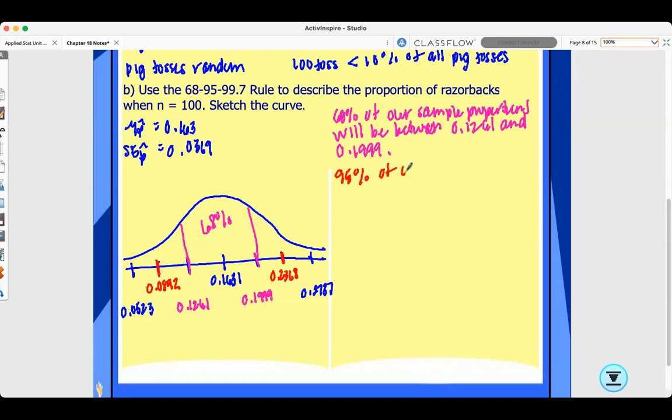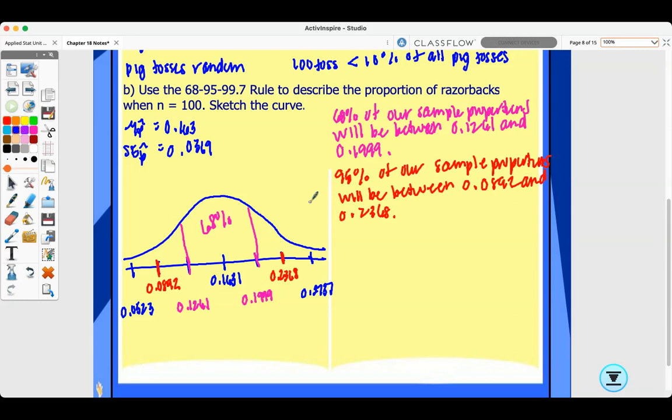95% of our sample proportions will be between 0.0892 and 0.2368.